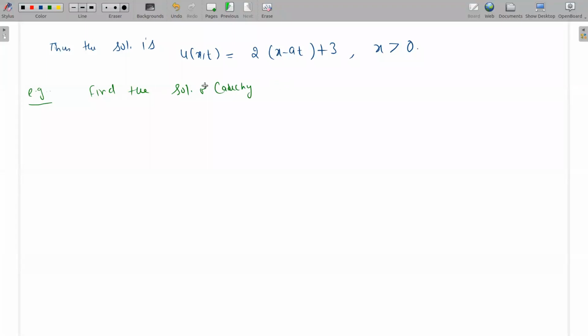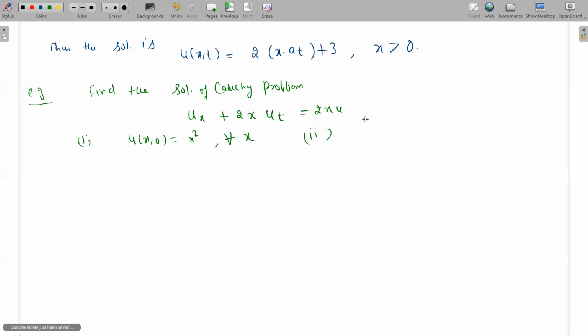Solution of the Cauchy problem: u_x + 2x u_t = 2xu. First condition is u(x,0) = x for every x. Second, u(0,y) = y square for every y.